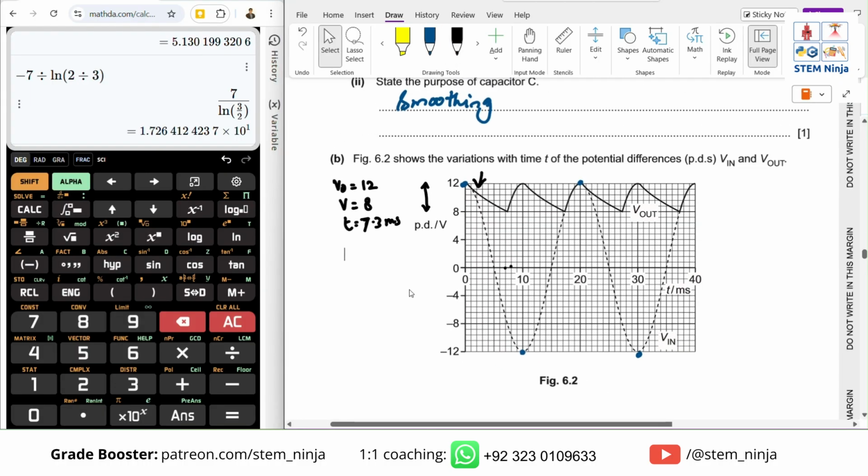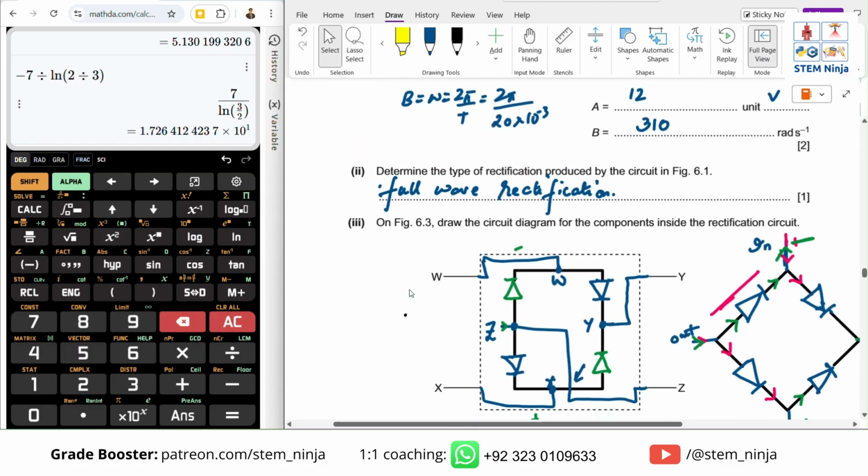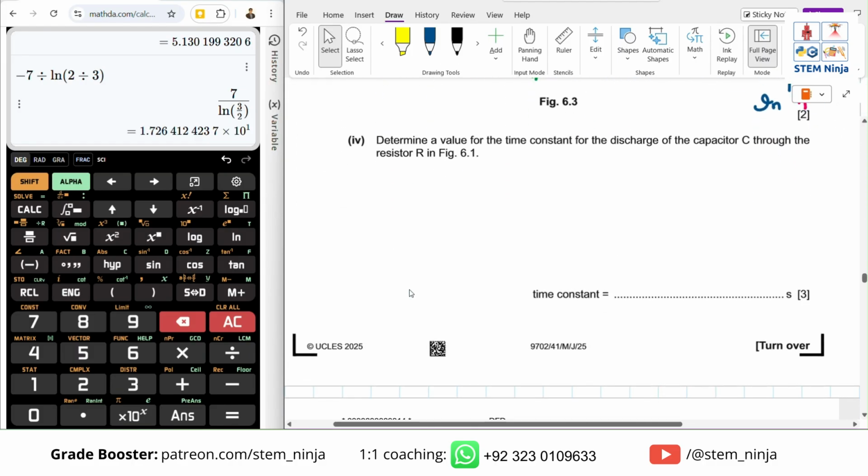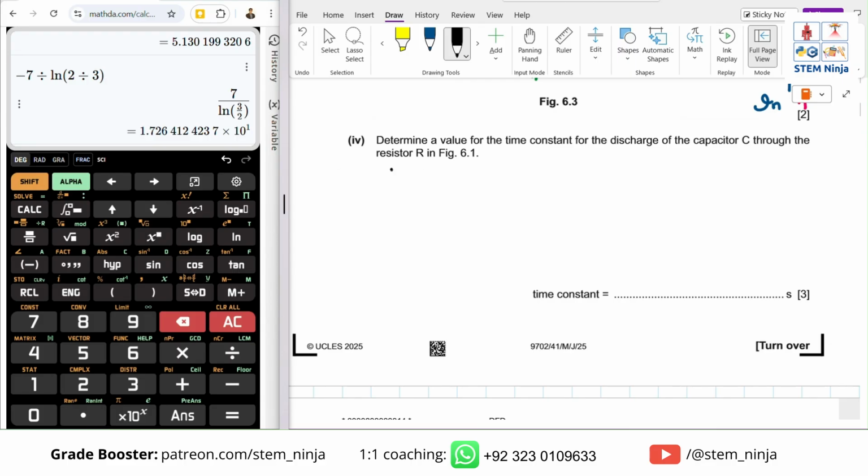So first we can get tau in milliseconds and then we can get it in seconds. Okay, so V is equal to V naught e raised to power minus t over tau. So V is 8, my bad. 8 equals 12 e raised to power minus 7.3 divided by tau.